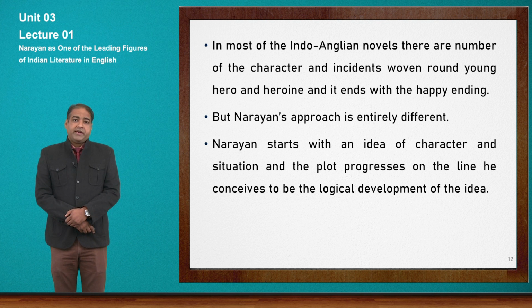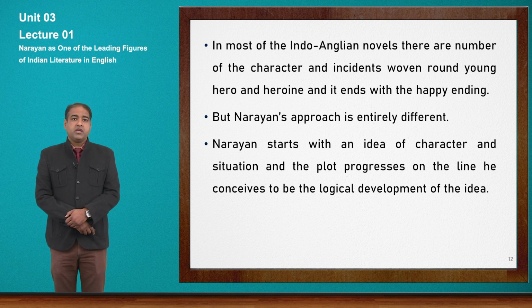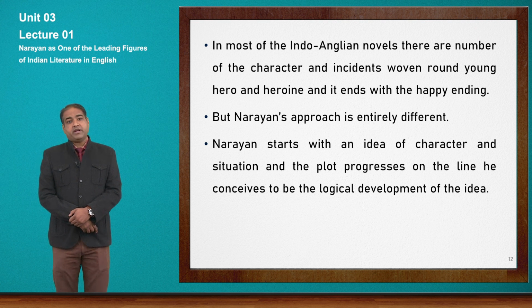In most of the Indo-Anglican novels, Indo-Anglican means the novels which are talking about the Indian setting and also talking about other settings, there are a number of characters and incidents woven round a young hero and heroine, and it ends with a happy ending.